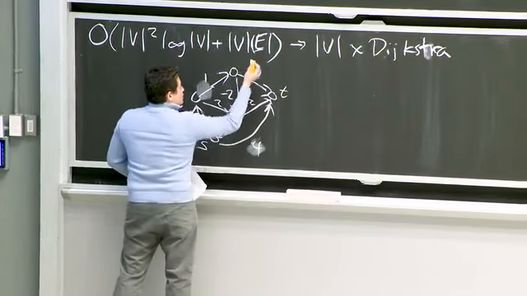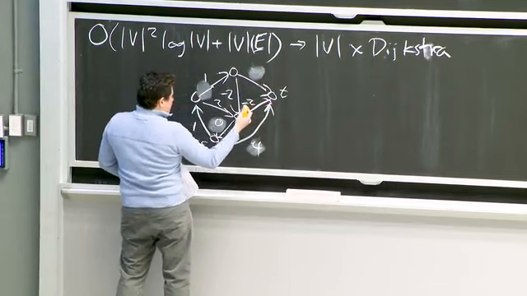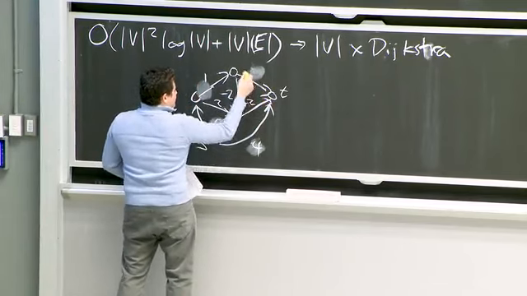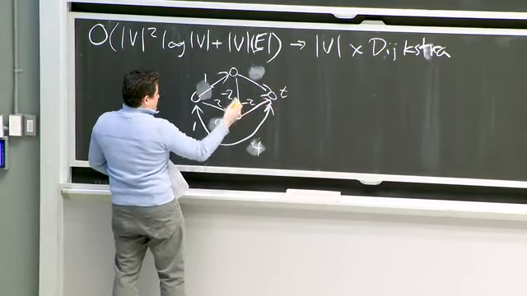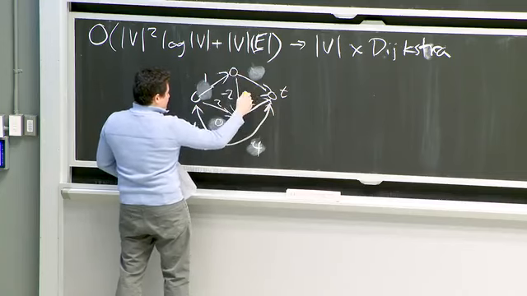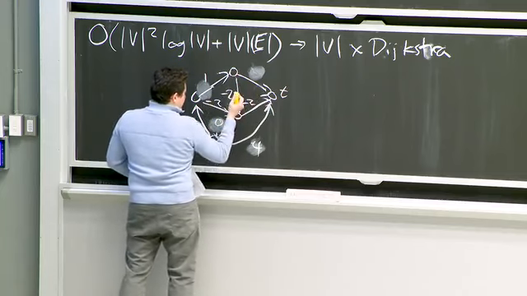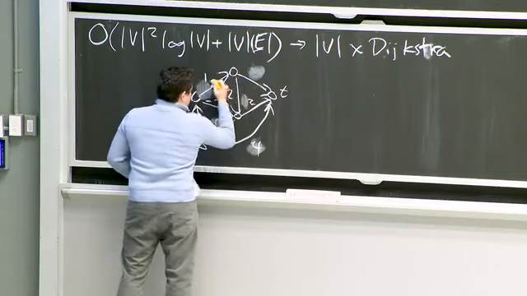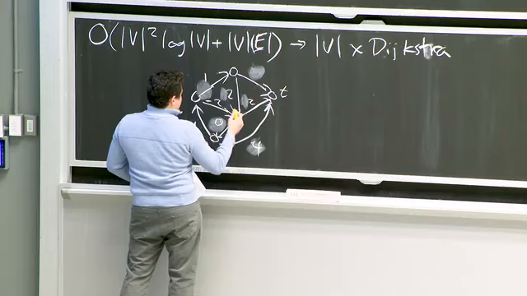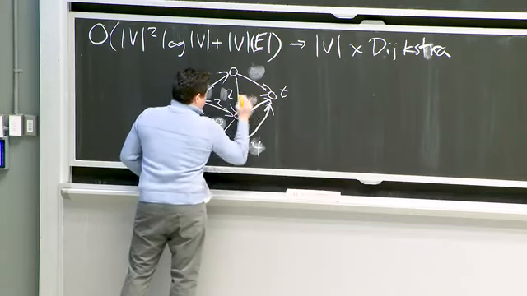But now, sorry, this is not a shortest path. Okay, I'll make that -2. And then these both 2, and this 4.